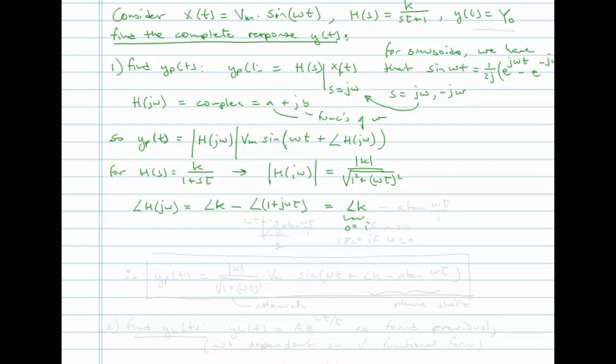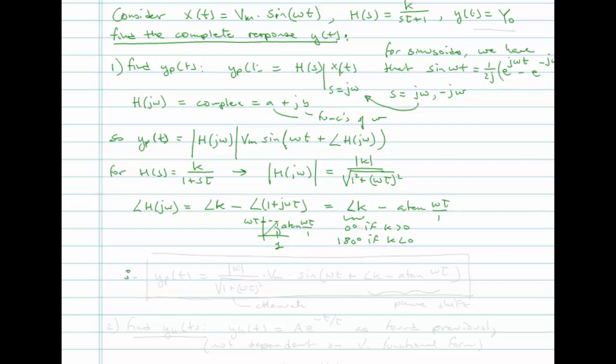It's going to be 0 if k is greater than 0, and it's going to be plus or minus 180, either will work, if k is less than 0, but we don't know what it is. Okay, minus, and then the angle of this term here will be, if I plot this on the complex plane, the angle arctan of omega tau over 1.